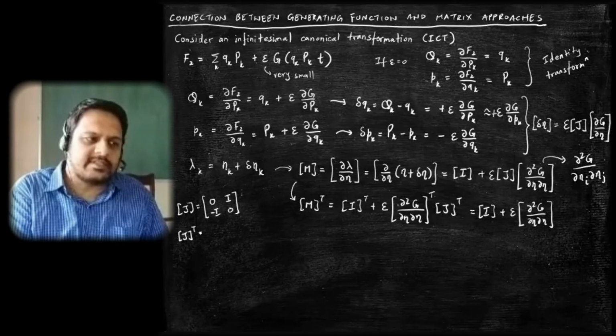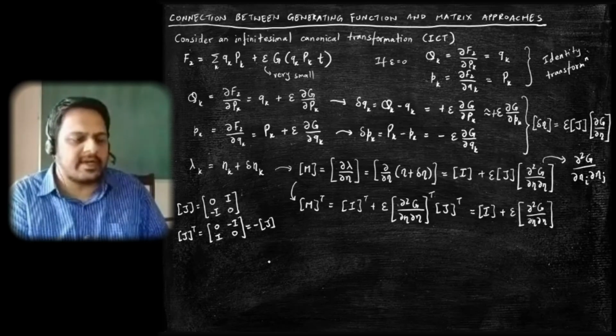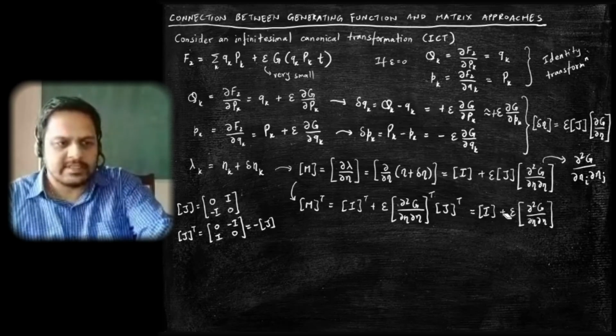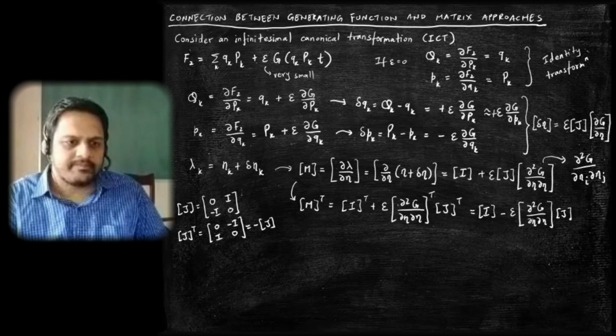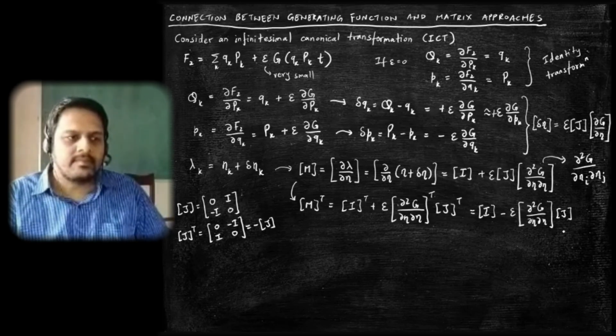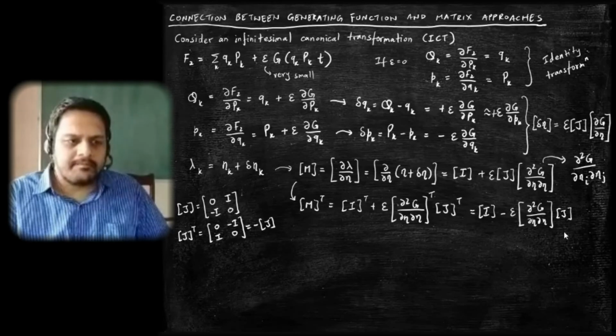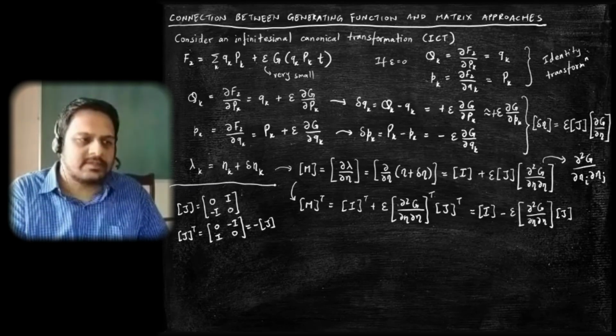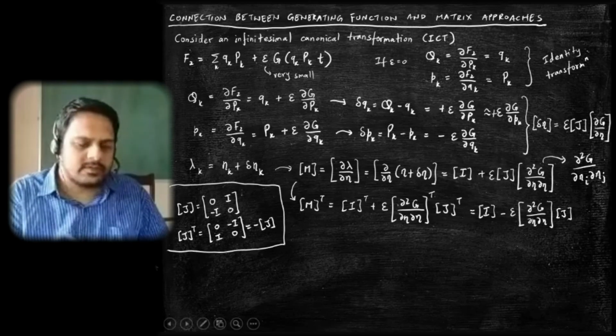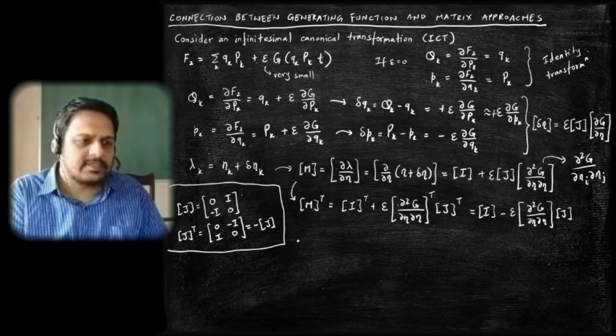The transpose of this, interchanging the off diagonal terms, will give you minus times the J matrix. So the transpose of the J matrix is just minus the J matrix, which means that this term will become something of this kind. Okay. This was an inset, so let us box it out so that we don't bring it into our considerations.